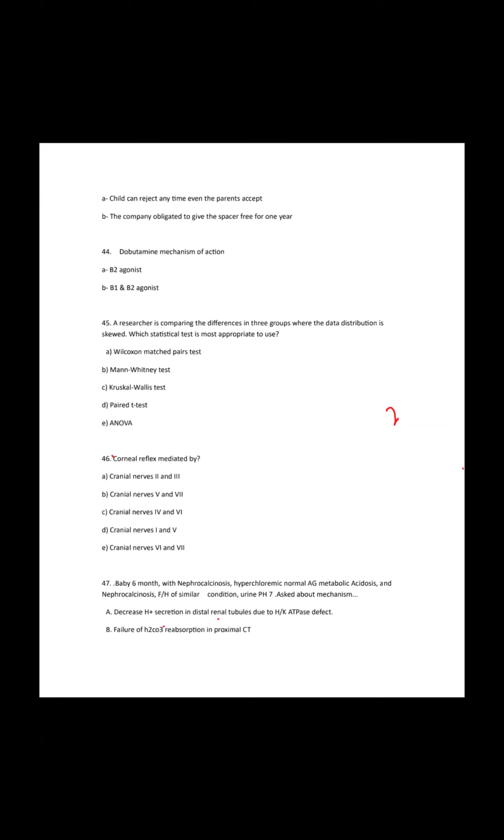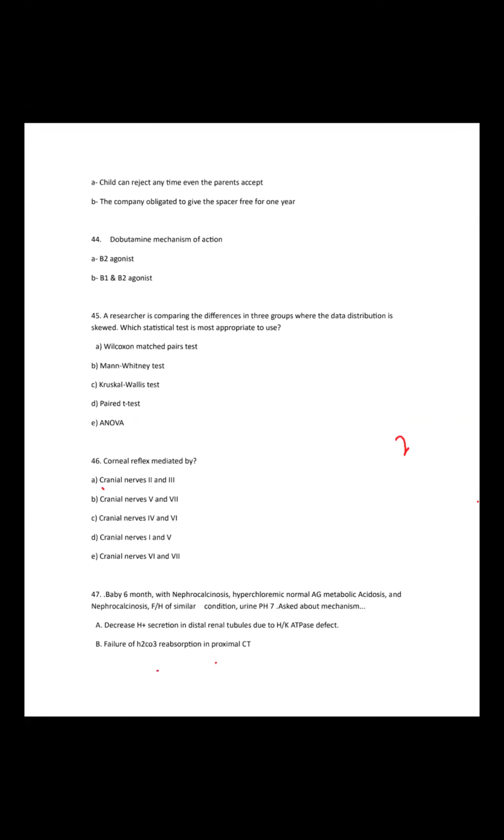Let me confirm then. Dobutamine mechanism of action directly stimulates the beta 1 receptors of the heart to increase myocardial contractility, and dobutamine causes vasodilation as well. So both, Dr. Saad, it works on beta 1 on the heart and beta 2 on the blood vessels. That is why dobutamine causes vasodilation.